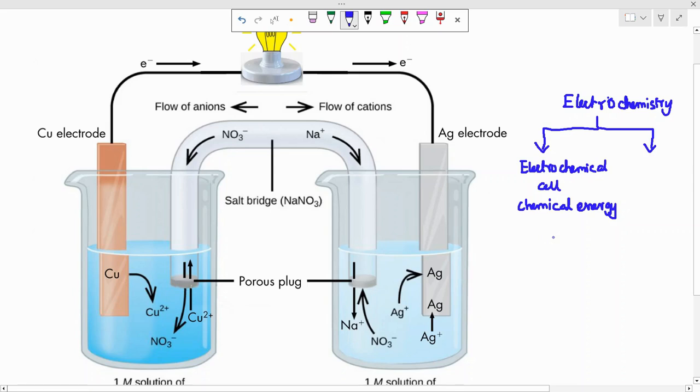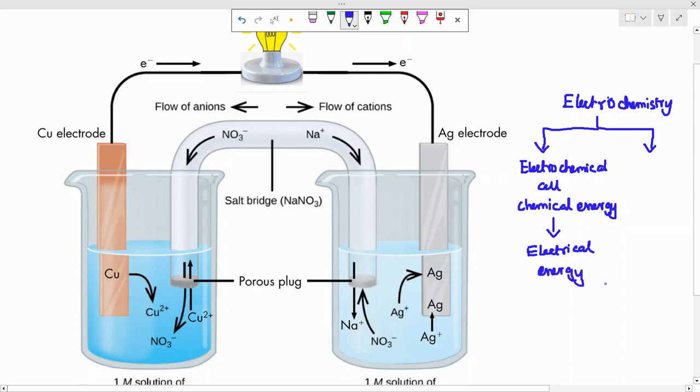But now we are going to convert the energy released in the chemical reaction by using some electrochemical cell device, and we are going to convert that chemical energy into electrical energy, not heat energy. So chemical energy will be converted into electrical energy. The device which is used for this is called an electrochemical cell.